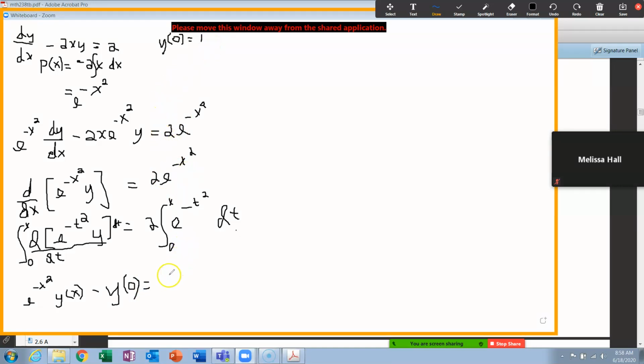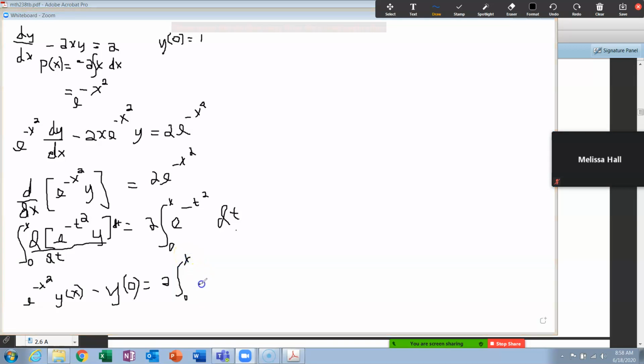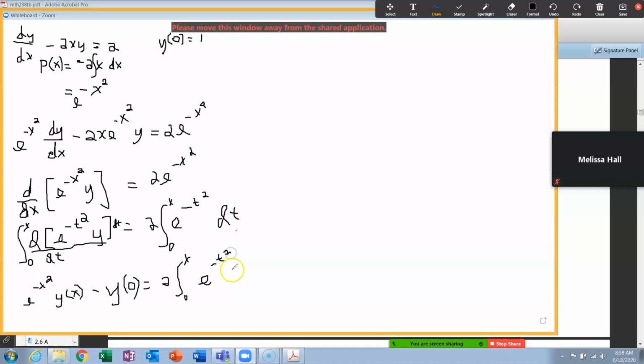Okay? And that's equal to 2 times the integral from 0 to x. And I don't know why they didn't go on and evaluate this one, but they didn't. e to the minus t squared dt. Okay.